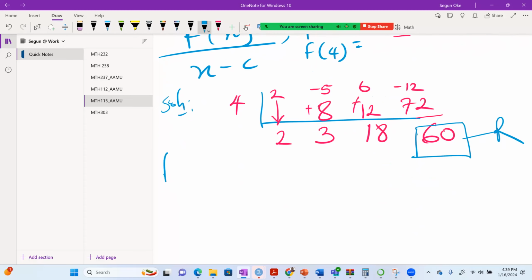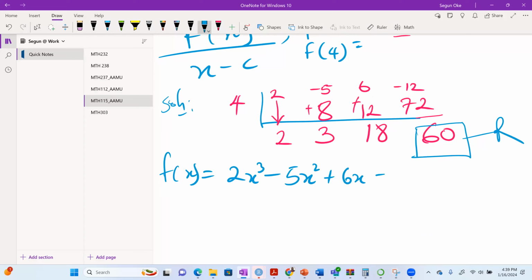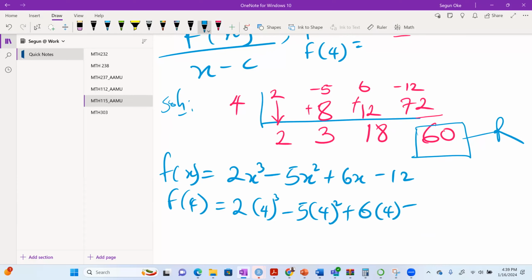So it simply means we can just substitute. Remember, the question says f(x) equals 2x cubed minus 5x squared plus 6x minus 12. If I substitute f(4), what do I have? I'm going to have 2 into 4 raised to power 3 minus 5 into 4 raised to power 2 plus 6 into 4 minus 12.